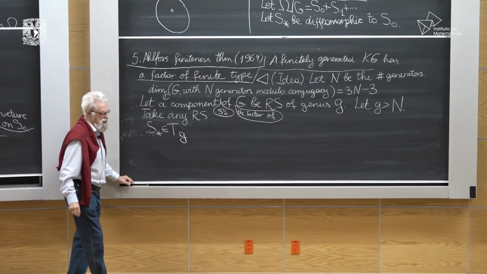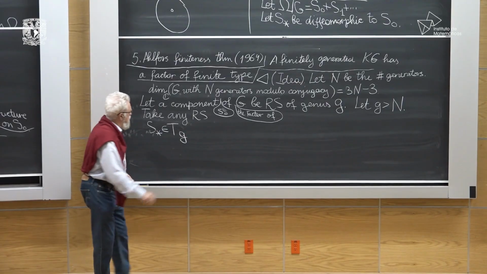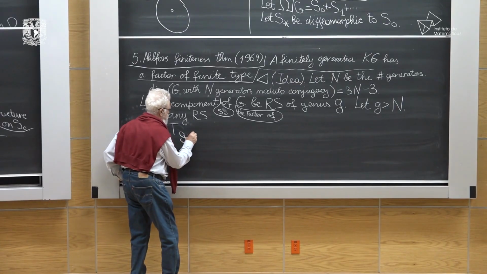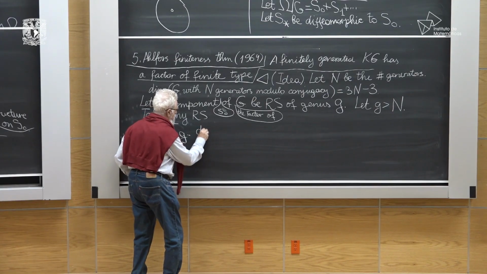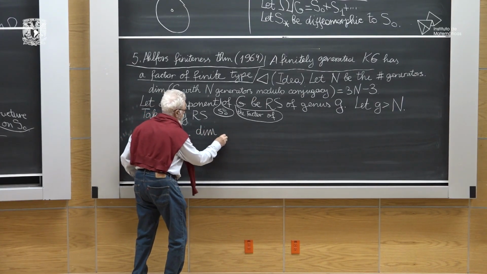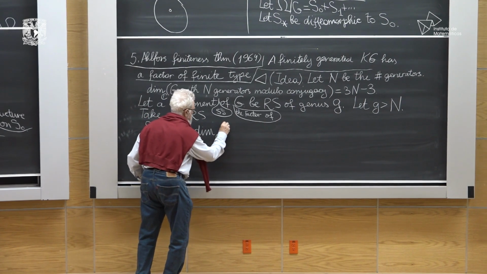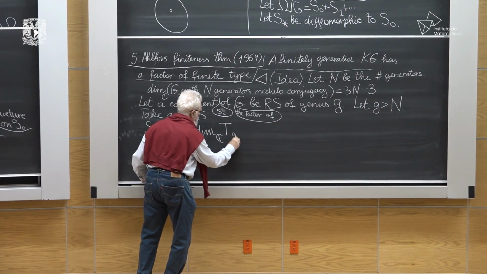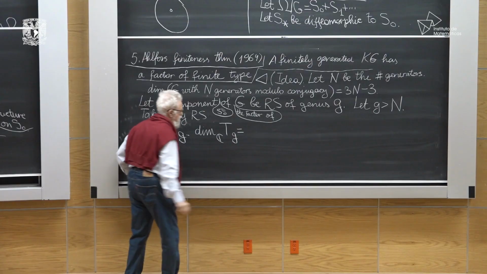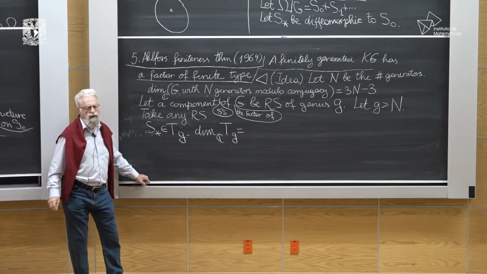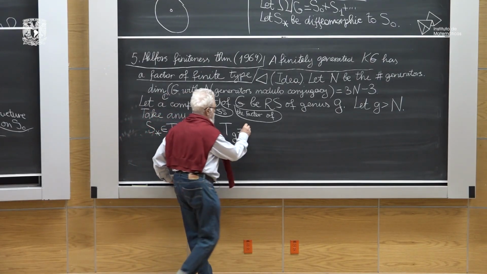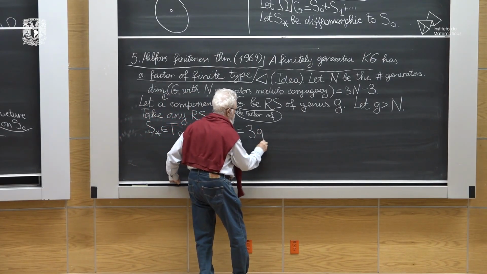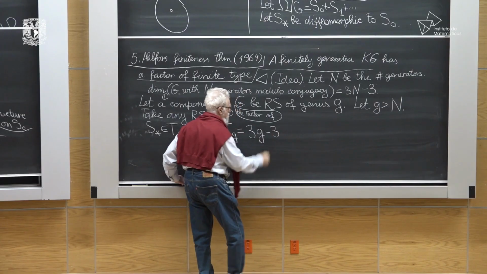Do you remember, we discussed this in the previous lecture, what the complex dimension of Tg is? It is 3g minus 3.